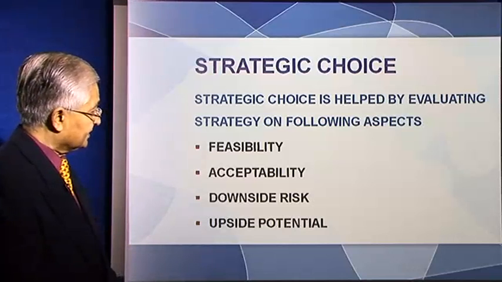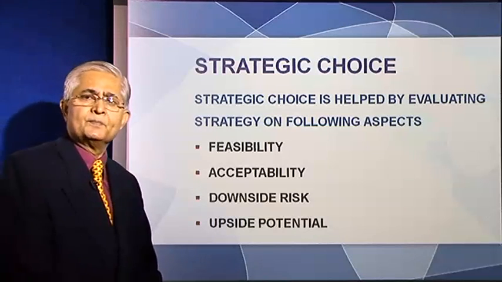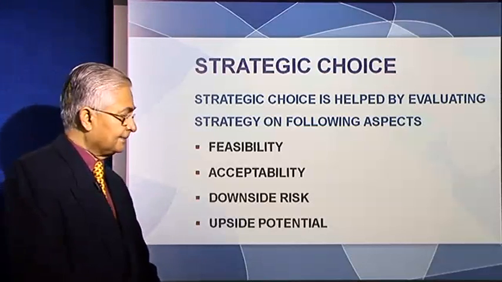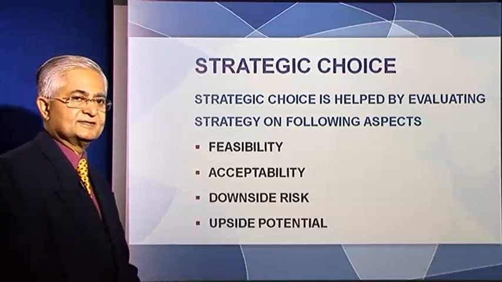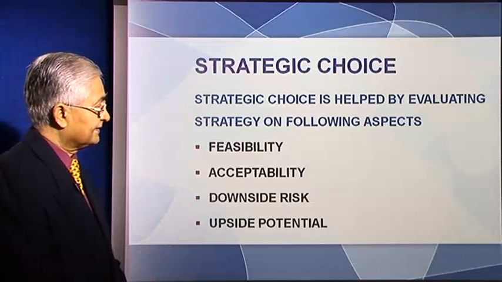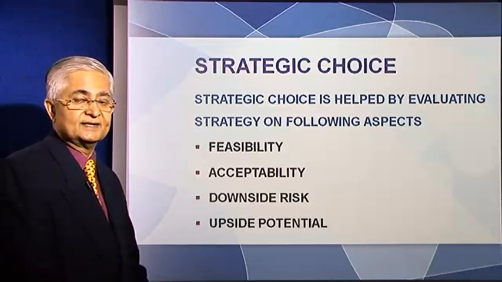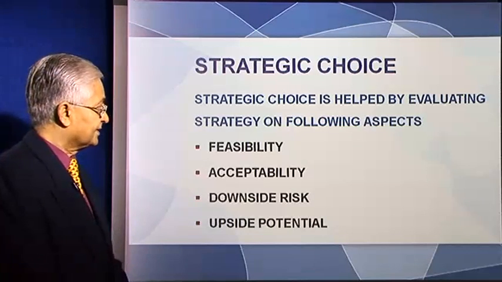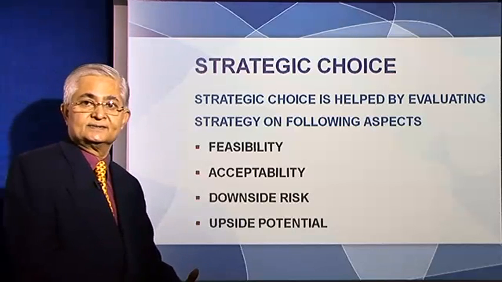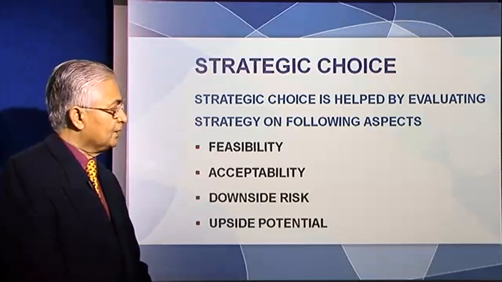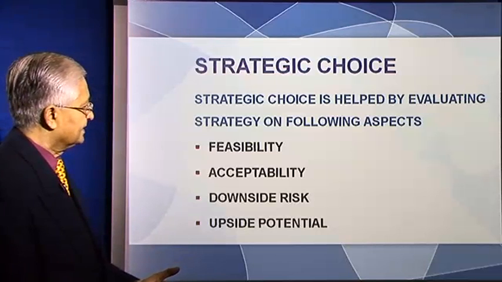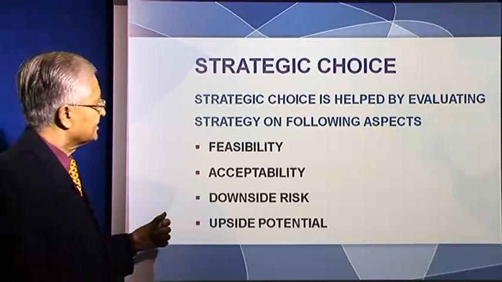There is another strategy which will give you a maximum growth of 20%, right? So, the upside potential of these two strategies is 30% and 20%. But that does not mean that the strategy which gives 30% is an obvious choice, because there may be problems with regard to acceptability among certain stakeholders. So, we need to look at all these issues. We need to look at feasibility, acceptability, downside risk and upside potential.